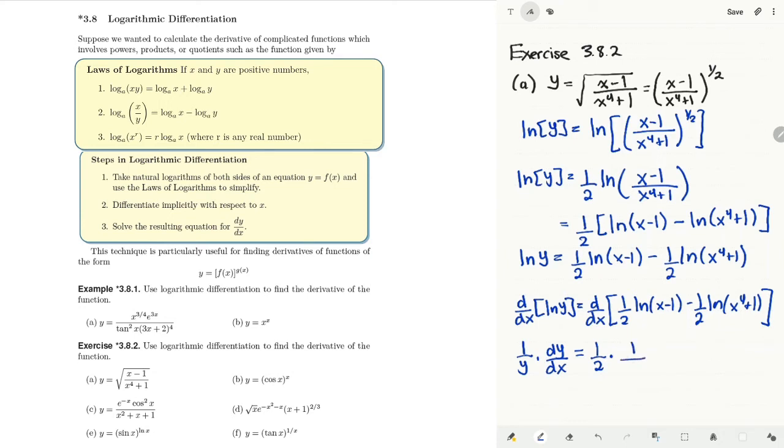This is 1 over x minus 1 times the derivative of x minus 1, which is 1. Then minus 1/2 times the derivative of ln(x to the 4 plus 1). So here we use the chain rule. This is 1 over x to the 4 plus 1 times the derivative of x to the 4 plus 1, which is 4x cubed.